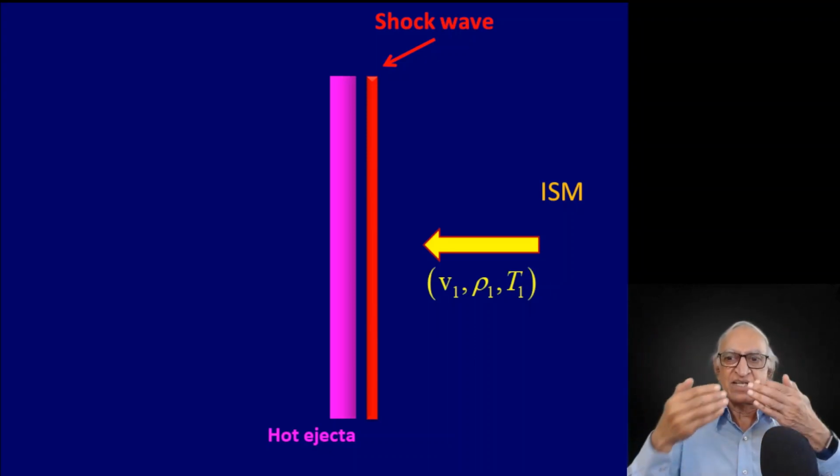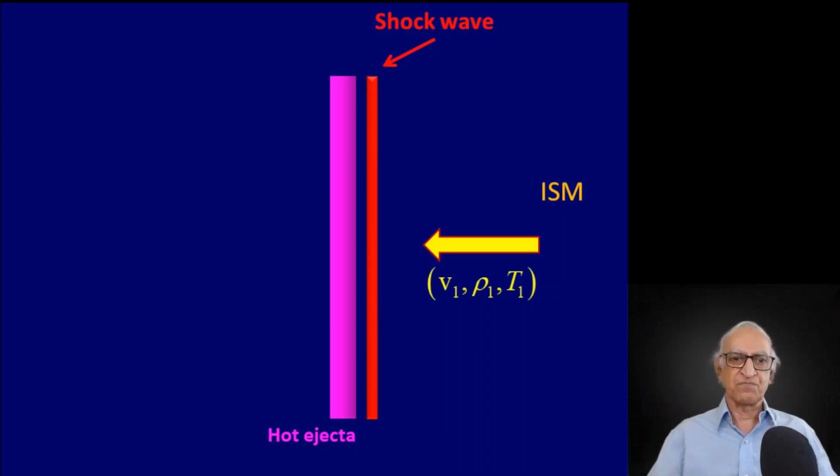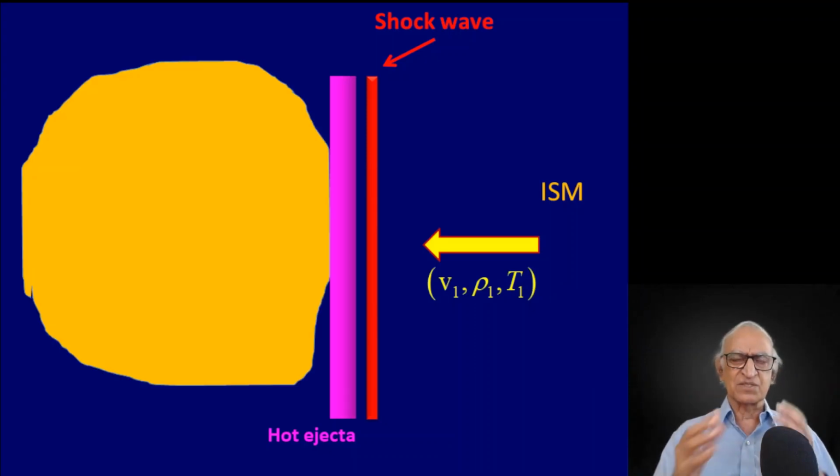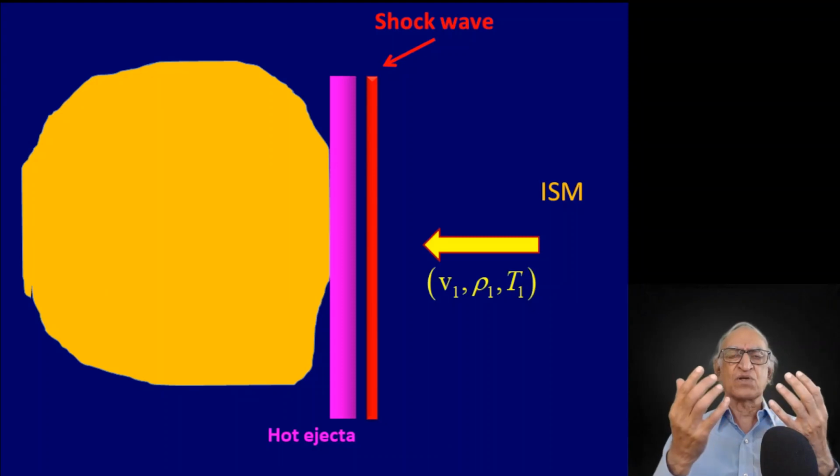So what you will see is that the interstellar gas is coming towards you with a velocity v1, and it has a density ρ1, it has a temperature T1, which is characteristic of the interstellar medium in that vicinity. The precise values don't concern us. The important thing is, pretty soon, this gas will go behind the shock.